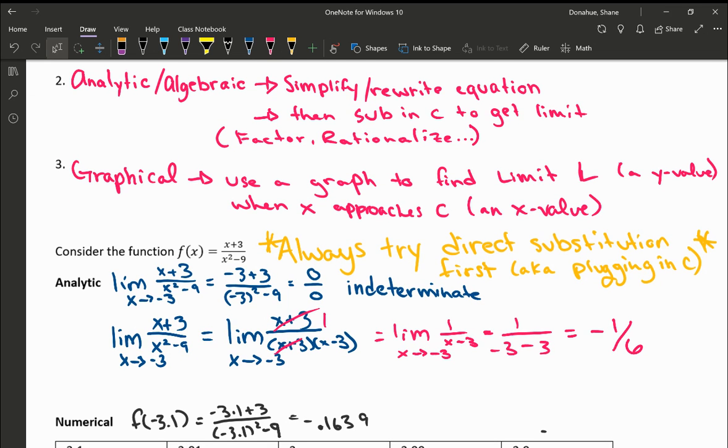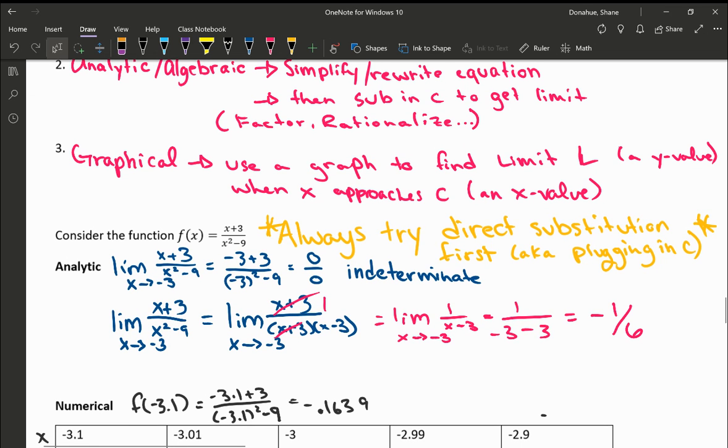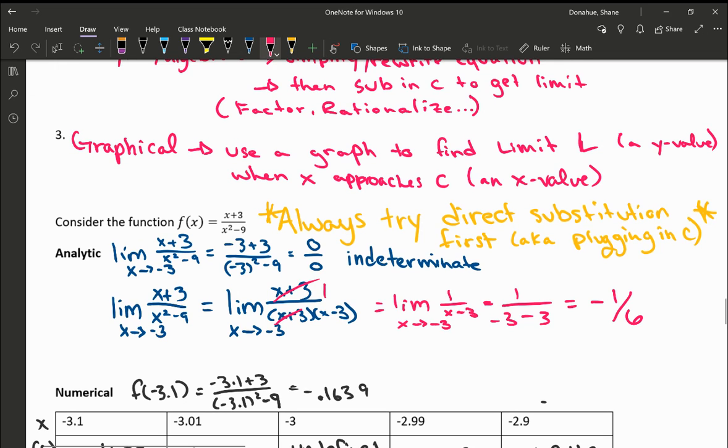All right. Next up is numerical, which is where we substitute in a bunch of values to get our answer. So we look at both sides, because when we plug in -3, we get that undefined answer. So we're going to plug in -3.1 and then a value that's closer, -3.01, and do the same thing on the other side.